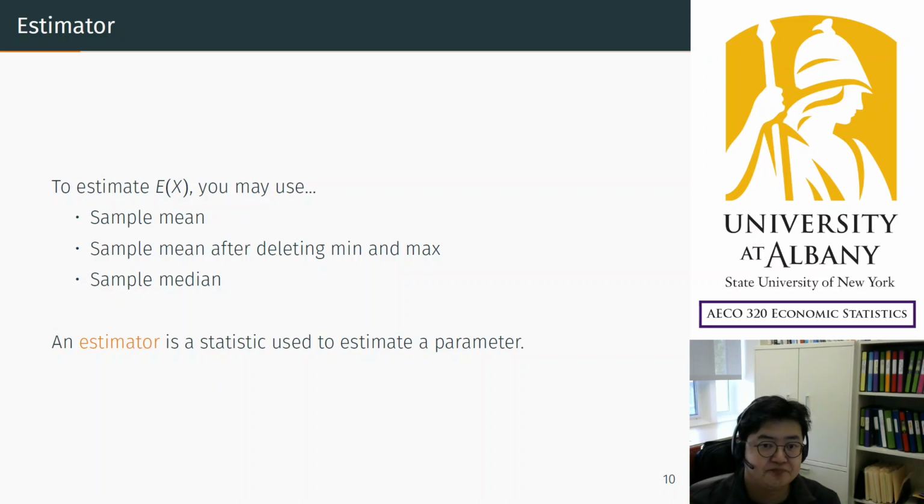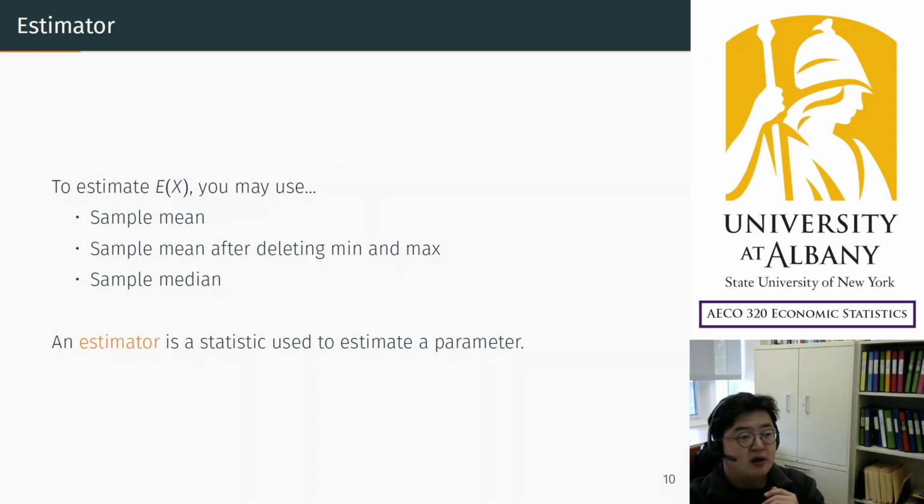Okay, for example, in this chapter, I will only consider estimating the expectation of x, right? And also this is simple, maybe the simplest estimation. Also, it is pretty useful and widely applicable.